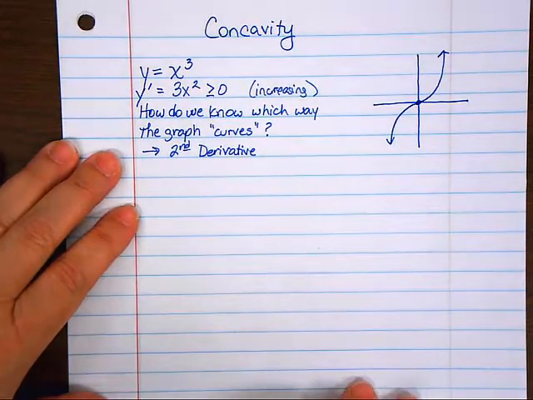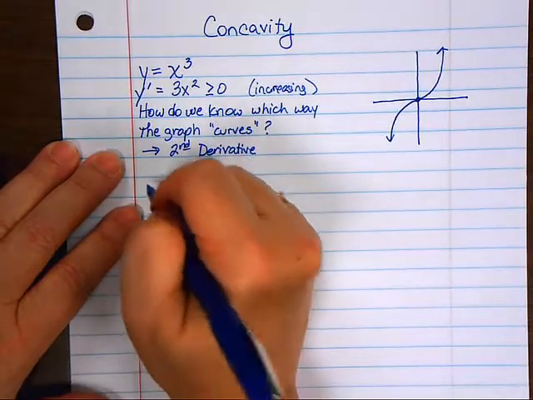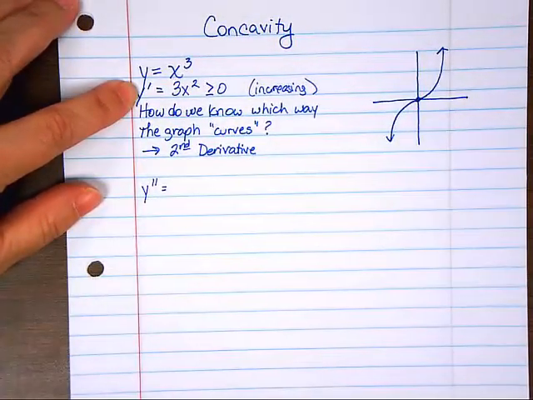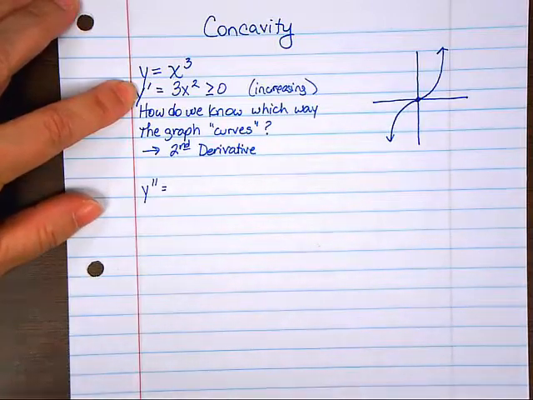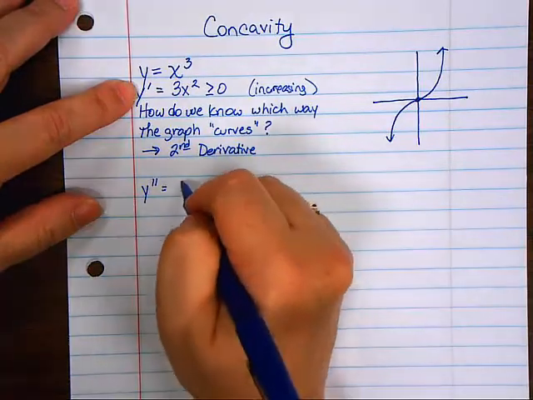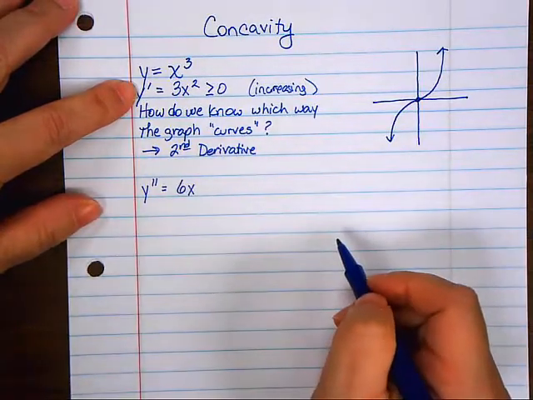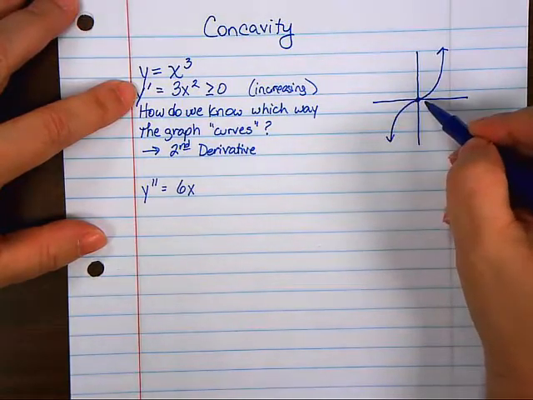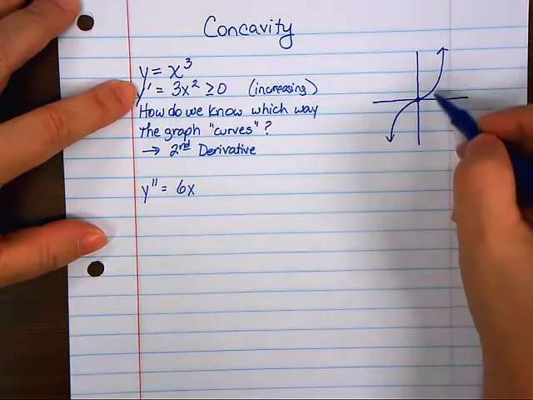Okay, so let's talk about the second derivative algebraically and then compare it to the way the picture looks. So I'm going to come down here and I want to take the second derivative of this equation right here. What is the derivative of 3x squared? 6x. Now, do you see that this one curves down at first and then it curves up on the other side?